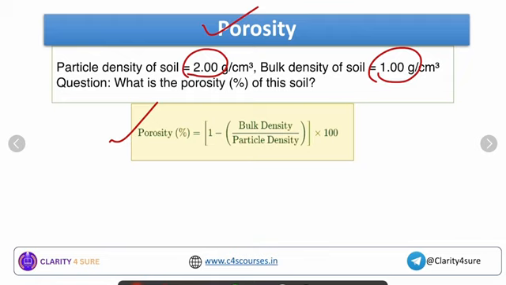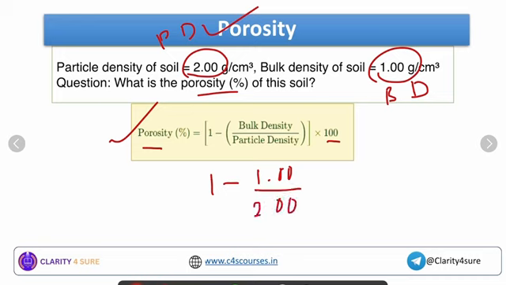So let's try this numerical and find the percentage of porosity. Porosity is 1 minus BD upon PD into 100. This is bulk density, this is particle density. Let's put in the values: 1 minus 1.00 upon 2.00 into 100.